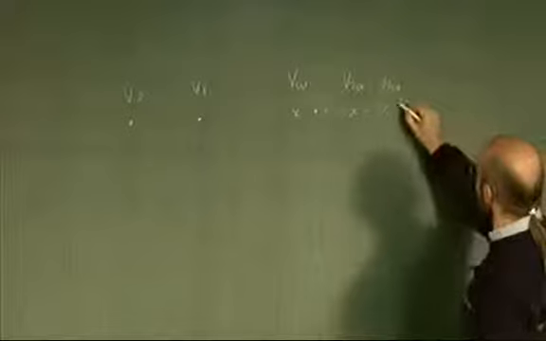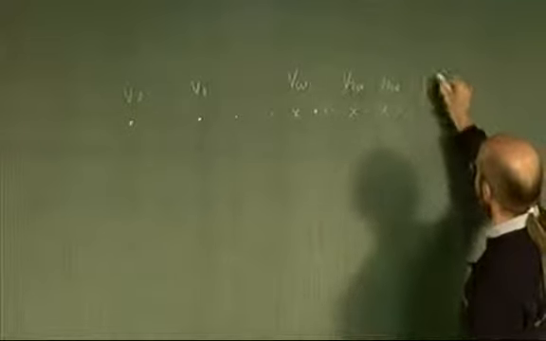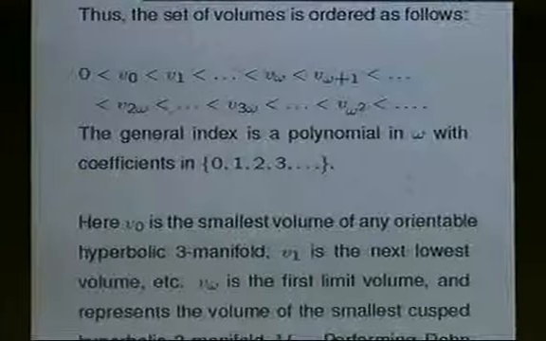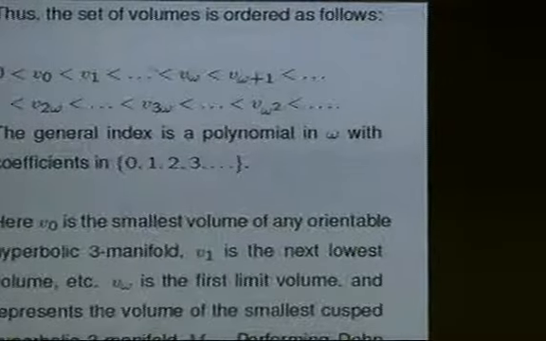And these accumulation points start accumulating, and the first accumulation point of those is something called V omega squared. And then this kind of pattern continues. So here you can think of all the volumes as indexed by polynomials in omega with integer coefficients. So this is a really beautiful picture of the set of volumes. This all continues.